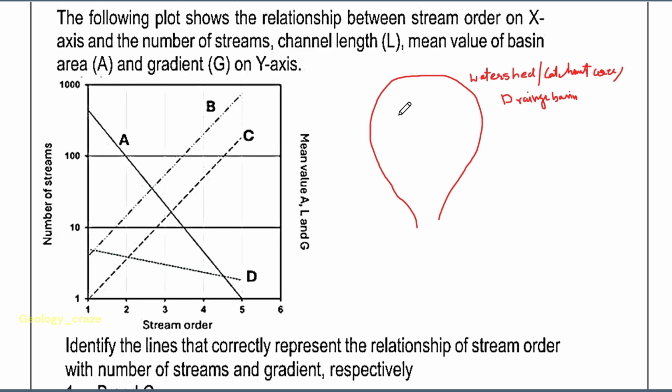To solve this question, we need to know about stream order, numbering of stream, channel length, mean value of basin area, and gradient. All these things we have to know, and I will add all the information one by one.